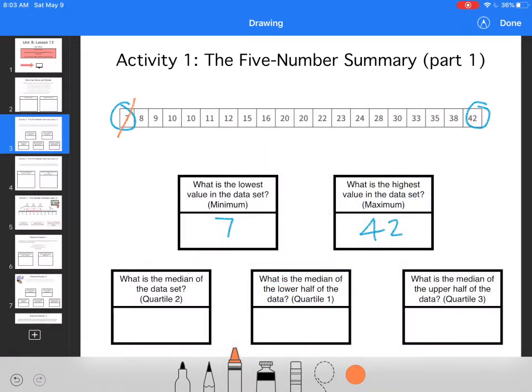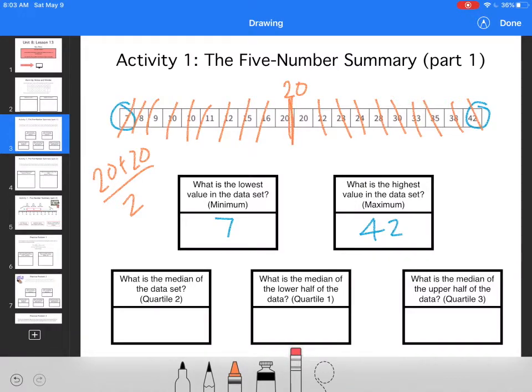I'm going to find the median just like I normally would, by crossing one number off on each side until I get to the center. I have 2 numbers in the middle, so I add them together. So 20 plus 20 divided by 2 gives me a median of 20.